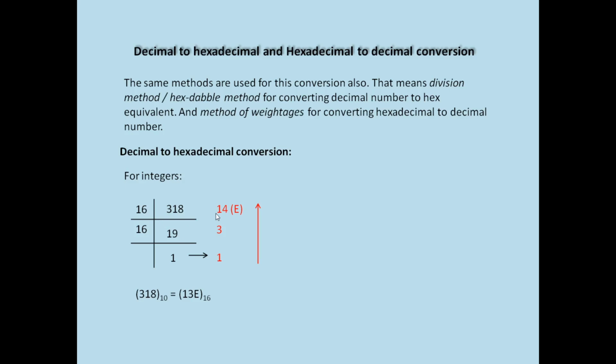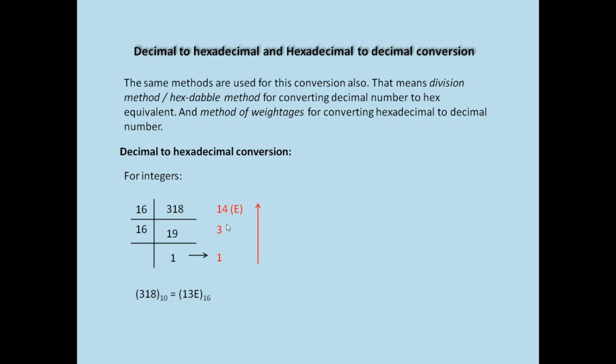The quotient and remainders are written. The quotient is again divided by 16 and the process is repeated till the final quotient is less than 16. Now this one is less than 16, so this final quotient is transferred to the queue of remainders.